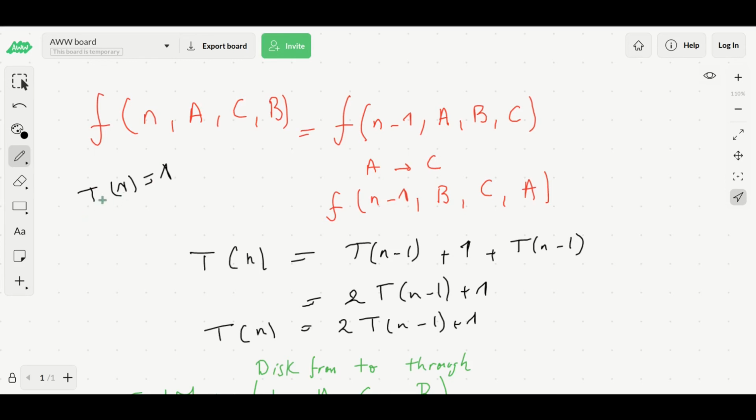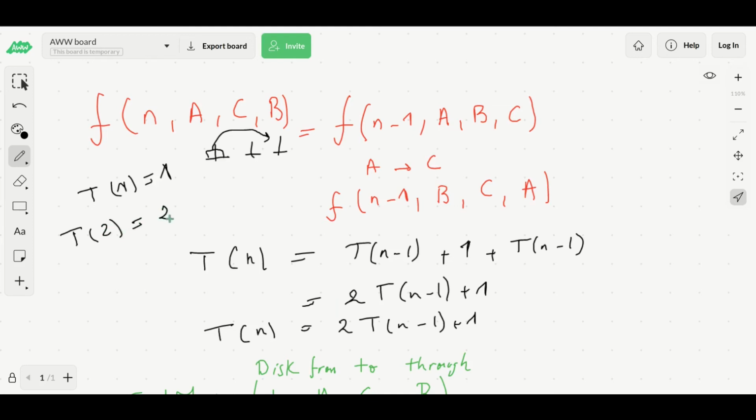So if we had only one disk, then we would require one move to get it to the destination, so we just move it from here to here. This way we could calculate t of 2.